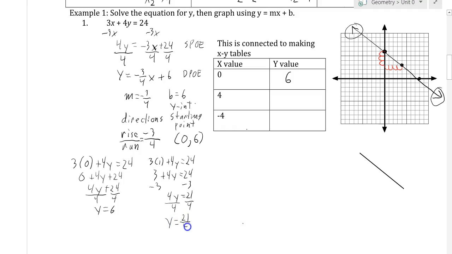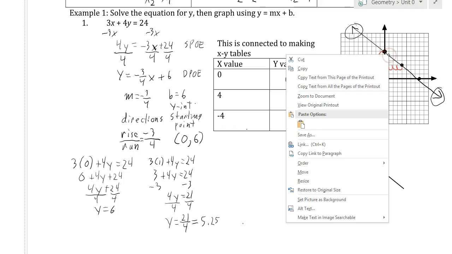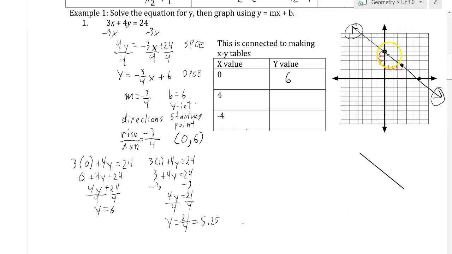Ew. 21 fourths is a decimal. It's 5.25. So at 1, we got 5.25 here on our graph. You can hardly tell it's 5.25 because chopping those little tiny spaces into quarters is really hard to do.